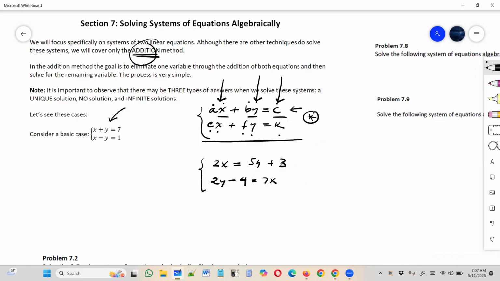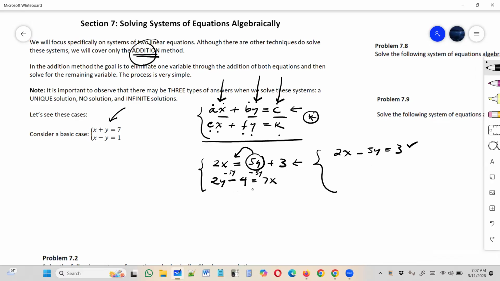So for example, look at the first equation. The term with the 5y has to be on the left side. So I'm going to subtract 5y from both sides in the first equation, and I am going to get 2x minus 5y equals 3. So now this is properly set up.